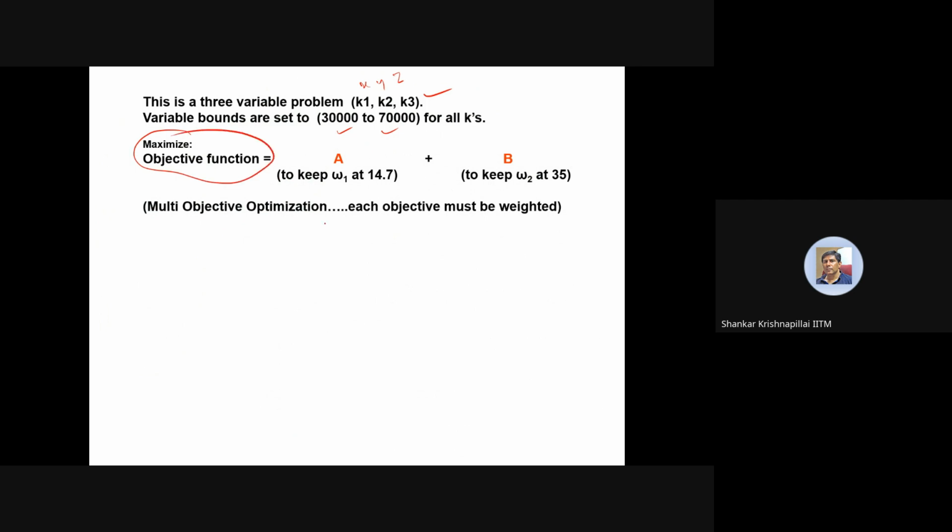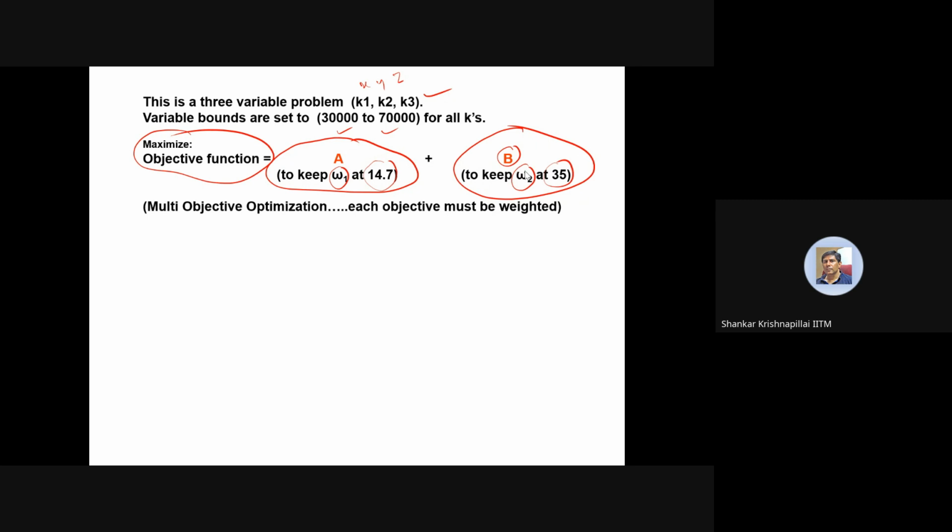The objective function consists of two parts, part A and part B. Part A is designed to keep omega 1 at 14.7, and part B is designed to force omega 2 to become 35.